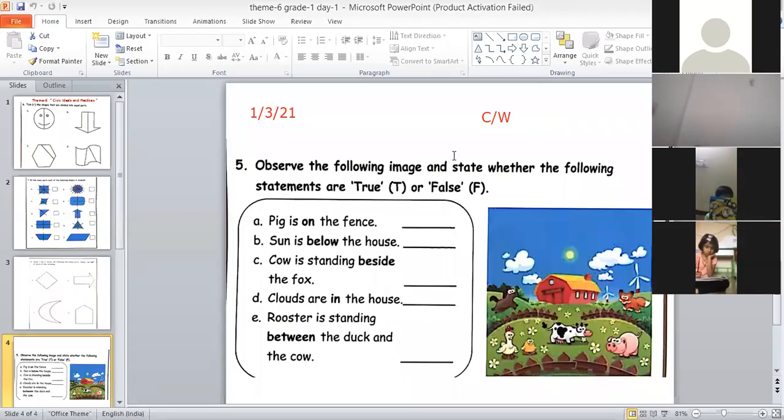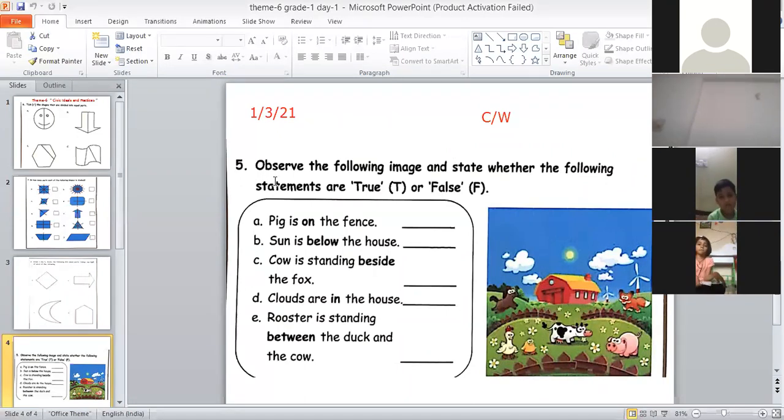Ashrita, please unmute yourself and read this question. Yes, ma'am. Please read this question. From the very first line, observe the following.